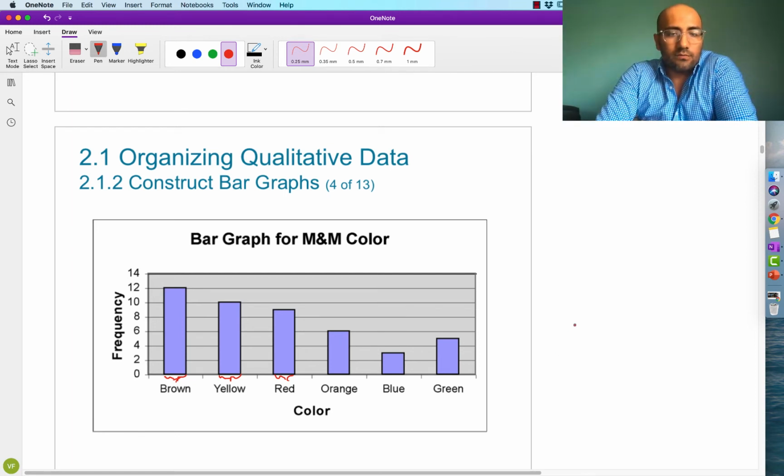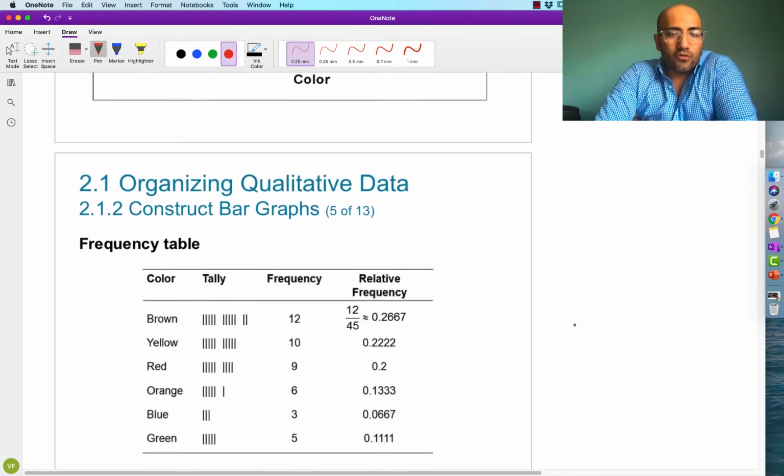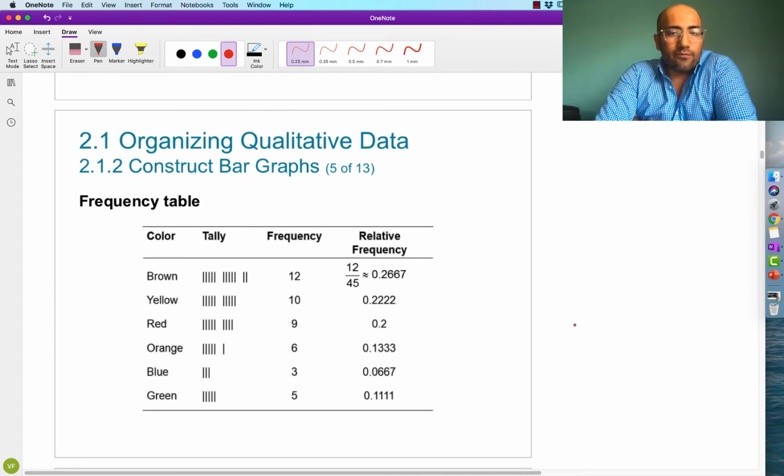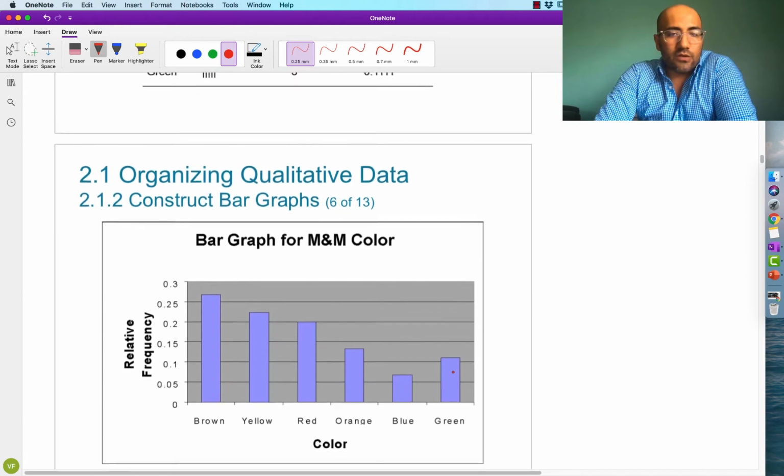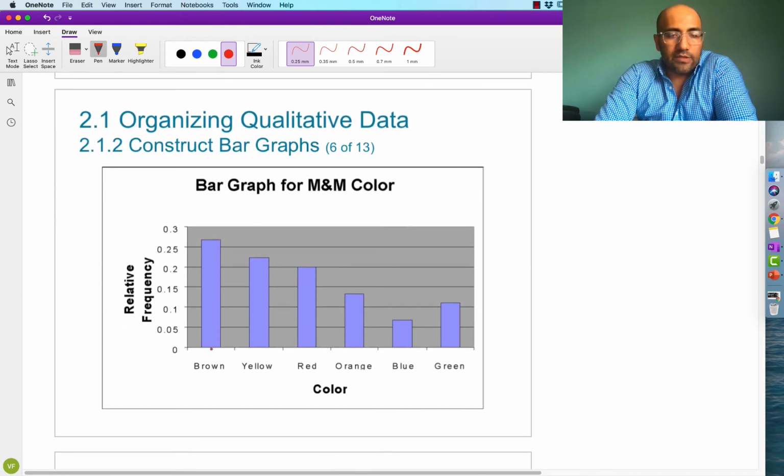Good. We can also do the same thing with the relative frequency values, right? The proportions. Again, in order to construct a bar graph, we put down the colors in the horizontal, and we again note that the widths of each rectangle are the same for all of them, and then their heights go up to a value that represents the proportions.